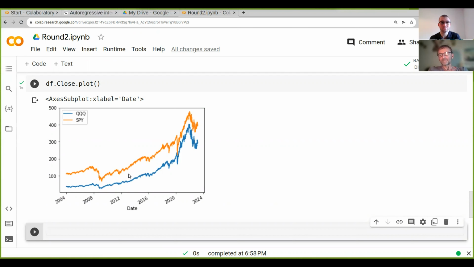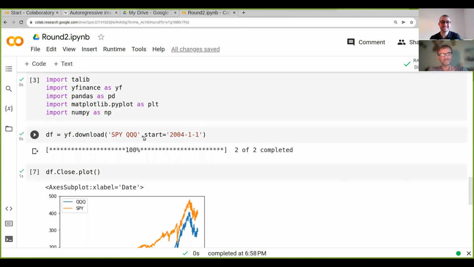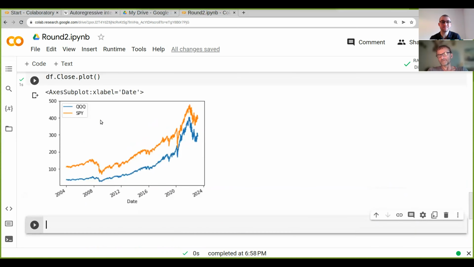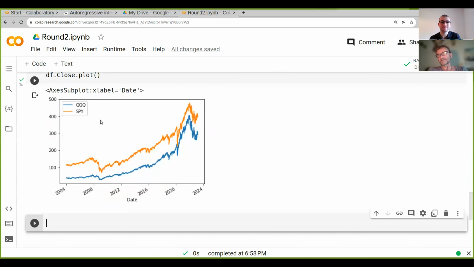In this case, they're still in the hundreds of dollar range, but if you had some really, really low priced stuff, it would be kind of weird because you see almost a flat line at the bottom, and then something much more pronounced at the top here. And that's not so good.